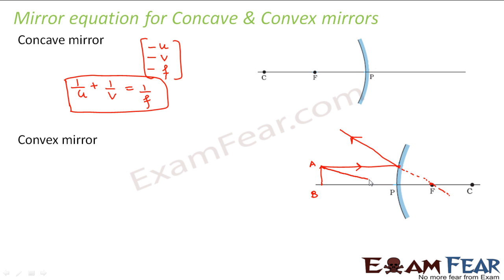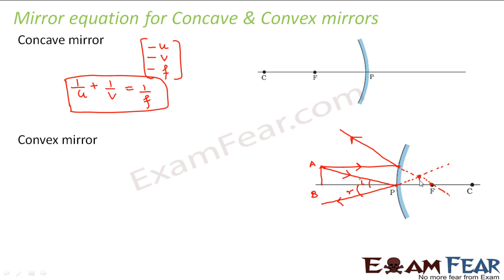Again, another rule says that a ray of light which falls obliquely at the pole goes back obliquely. Right? So this reflected ray is in this direction. Now if you again extrapolate this reflected ray, you see that both these reflected rays meet at this point.